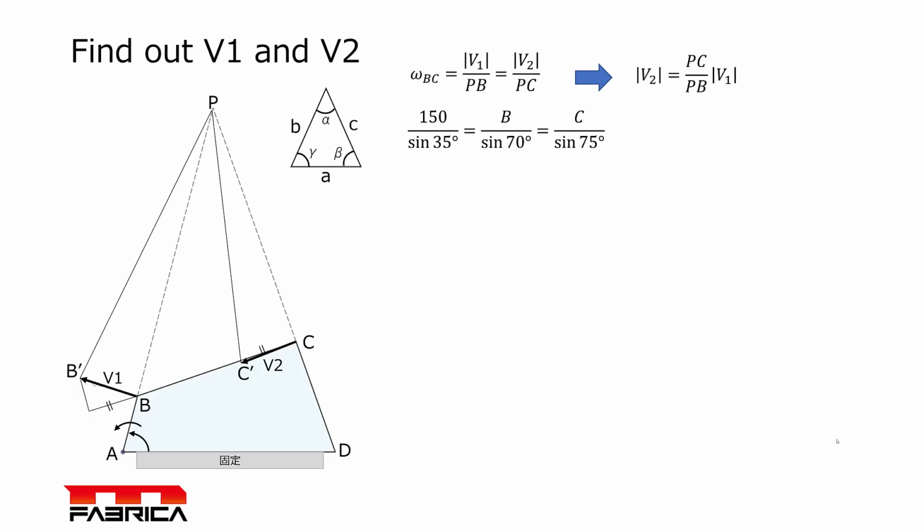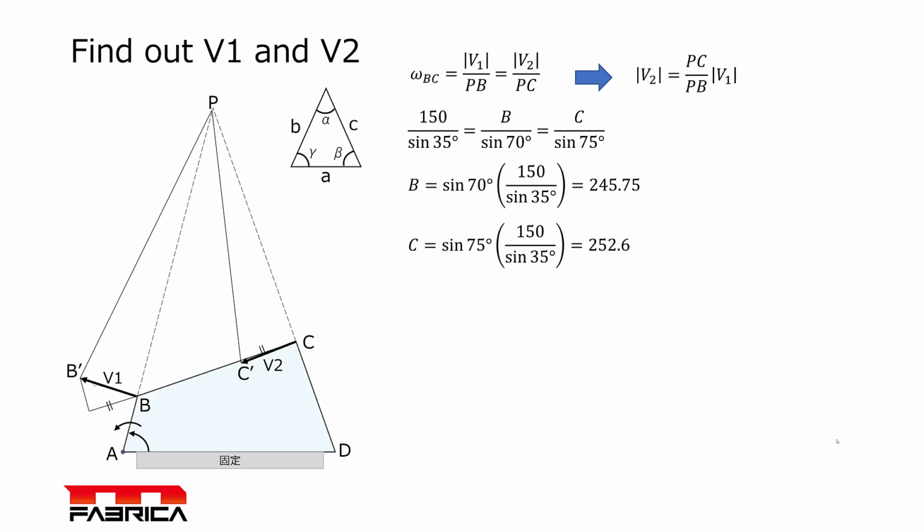Therefore, 150 over sine 35 degrees equals B over sine 70 degrees equals C over sine 75 degrees. So, B will be sine 70 degrees times 150 over sine 35 degrees, which is equal to 245.75 millimeters.